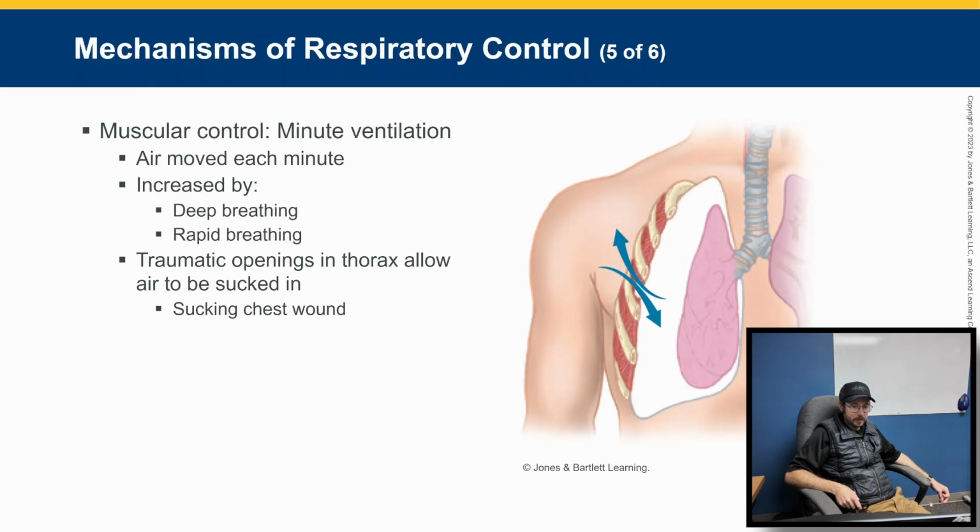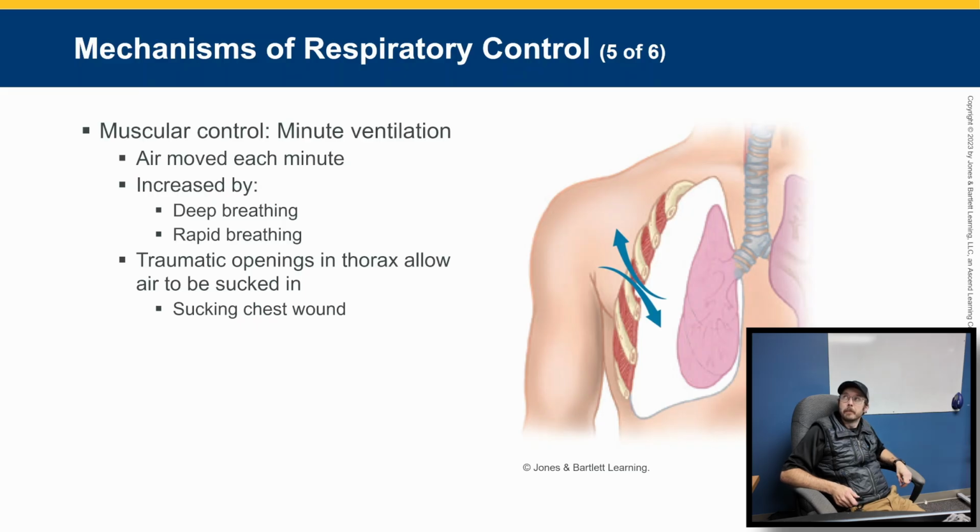What about if we have a traumatic opening? Oh, you can lose air, or it can be filling the space with blood. Yep. So here what you see happening is we have a hole in the thoracic cavity, from some sort of penetrating trauma. So what happens now when my diaphragm flattens here, what happens to the space inside the thoracic cavity?